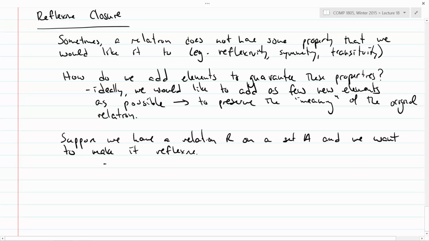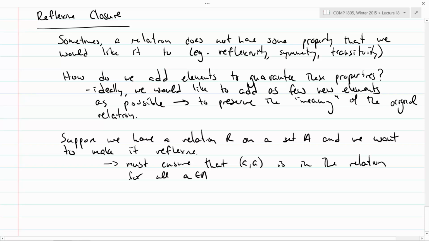So what that means is we need to ensure that (a, a) is in the relation for all a in A. And you don't want to add anything else.